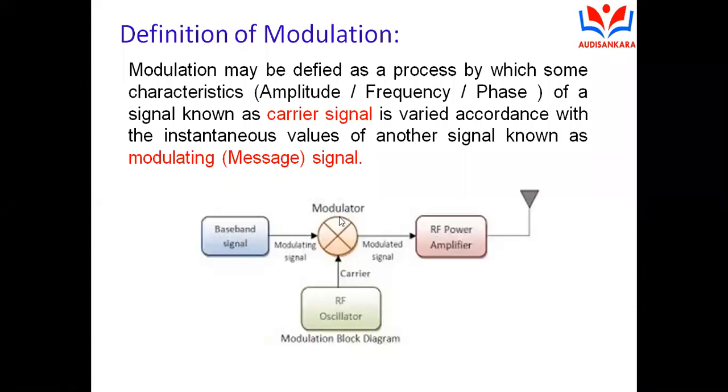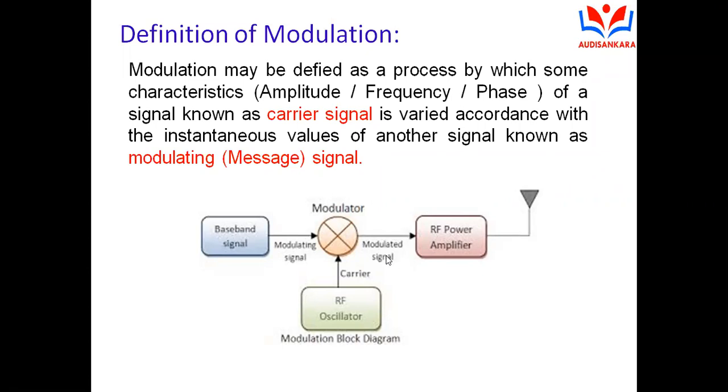For the modulator, the baseband signal is given like this and the carrier signal is given like this. This is the low frequency signal, this is the high frequency signal. Then it will generate the modulated signal, that is the output signal.